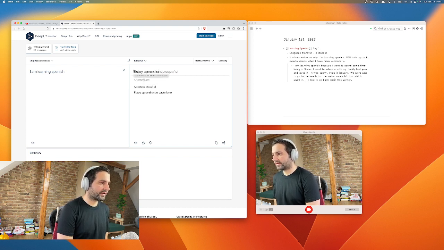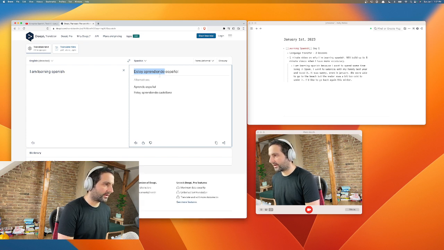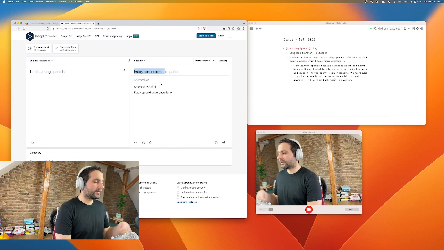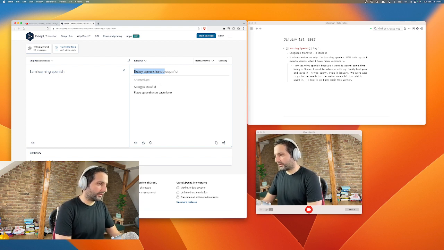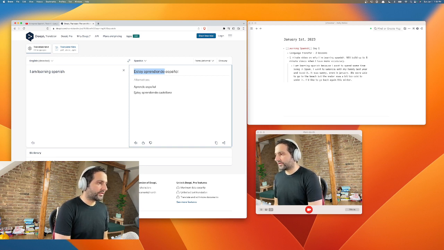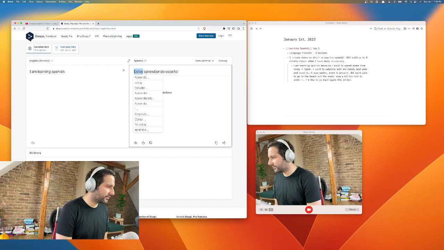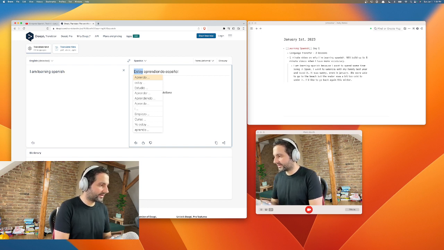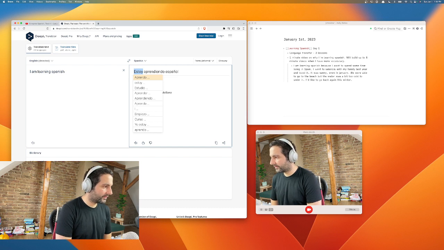I'm guessing that this form is the progressive tense, whereas this is the present, because that's how it works in French too. So this is probably the verb to be, right? Estar. Okay, DeepL is really cool because when you click on a word, they give you the dictionary down here. That's nice. Yeah, estar is to be.